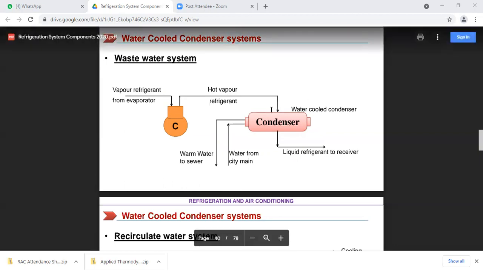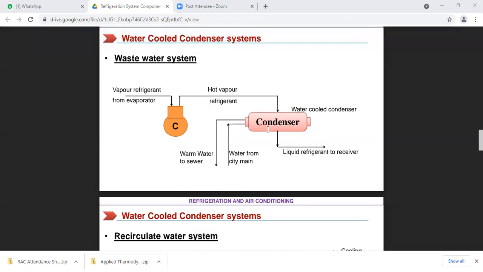This hot vapor refrigerant is introduced into the condenser, and water from the city main line is introduced into the condenser, where heat exchange between the refrigerant and the water takes place, and the hot vapor refrigerant is converted into liquid refrigerant.